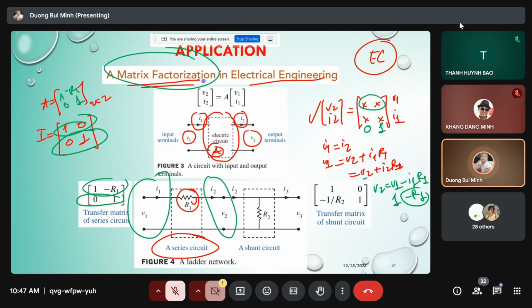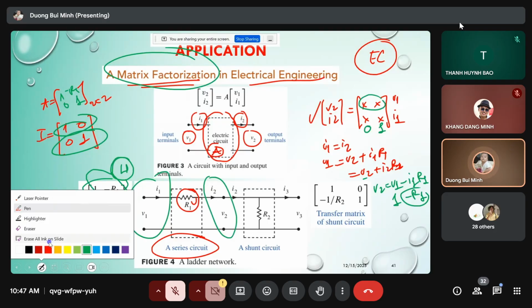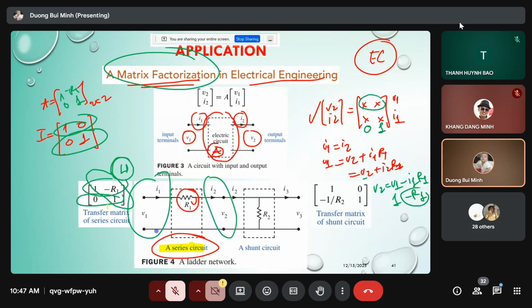We are applying the factorization. So what is this one? This one is upper, right? So the series circuit gives upper.